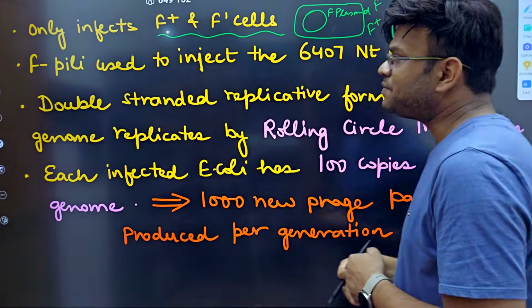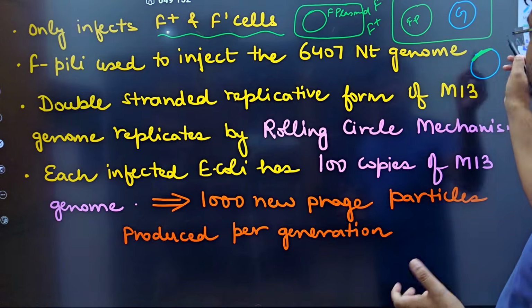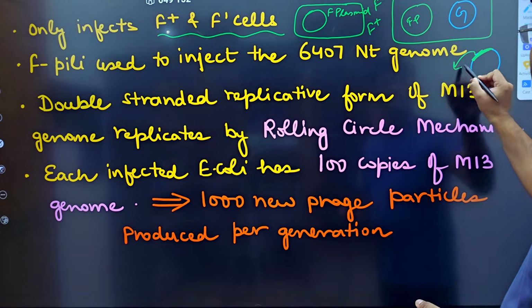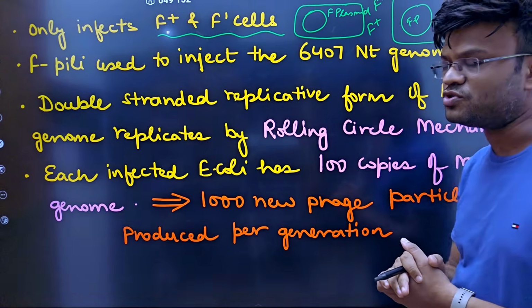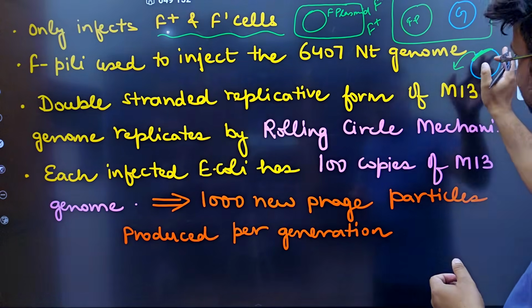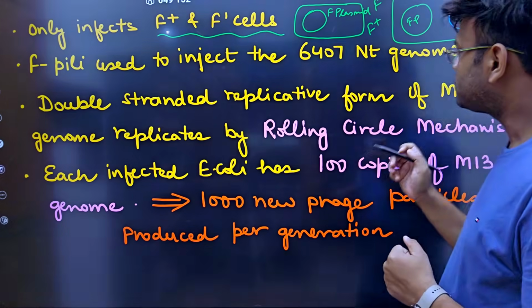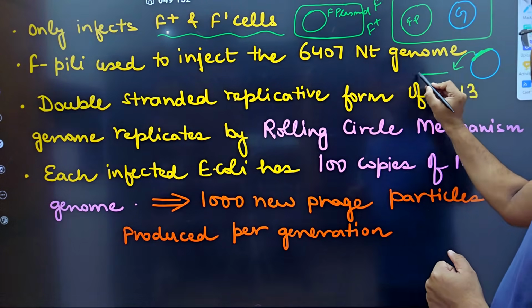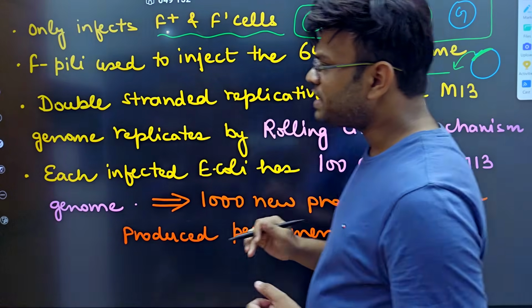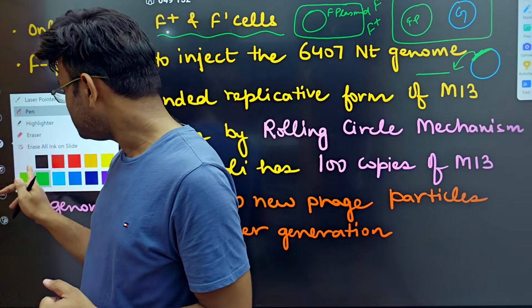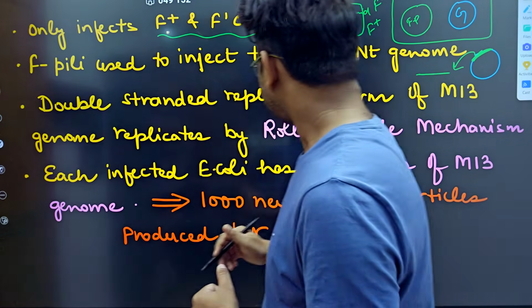But at times, after a while, this F plasmid decides that it would come out of the chromosome. Now, when it comes out, at times it does not come out cleanly. So when it does not come out clean, it often brings chromosomal genes along with it.